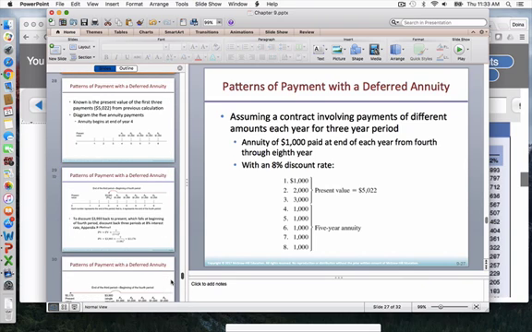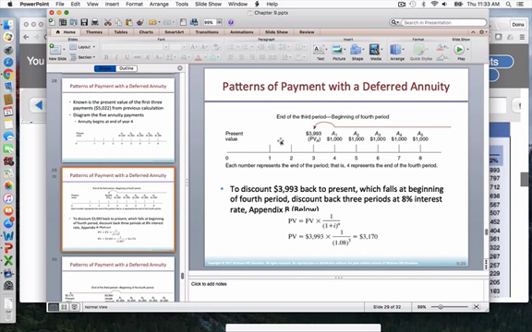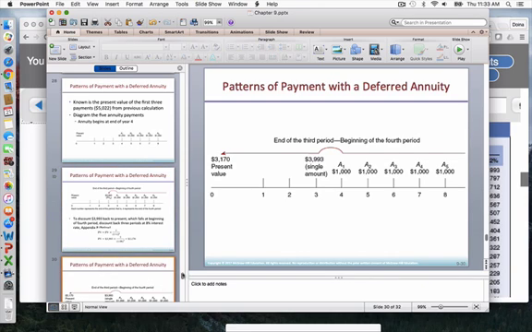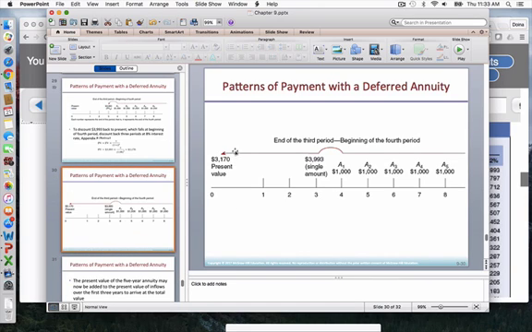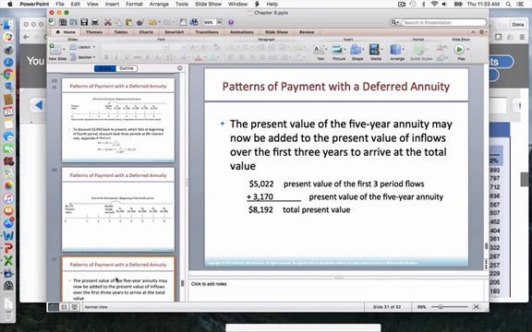That was the second value here. So we add this amount to the 5,000 that we had before. So total present value is 8,192 for the whole contract. We are going to do some more applications in a separate recording on the deferred annuity.